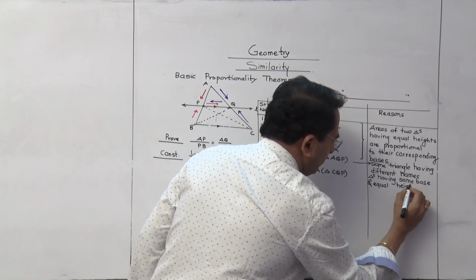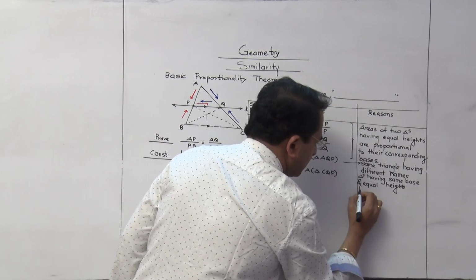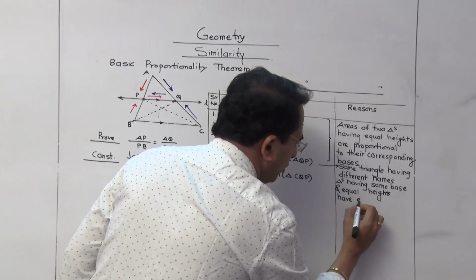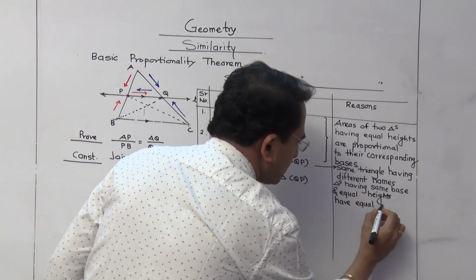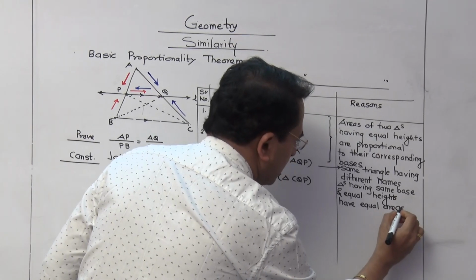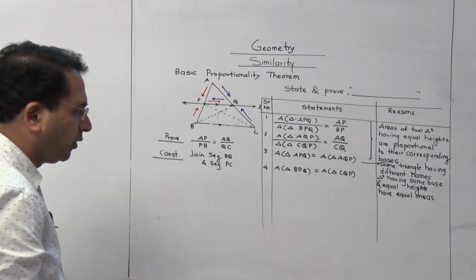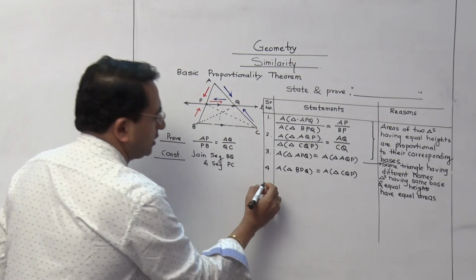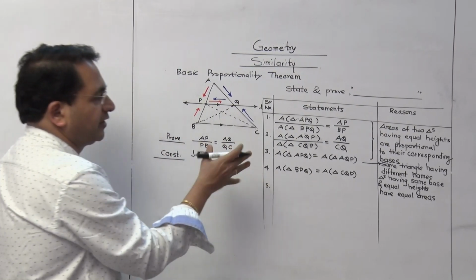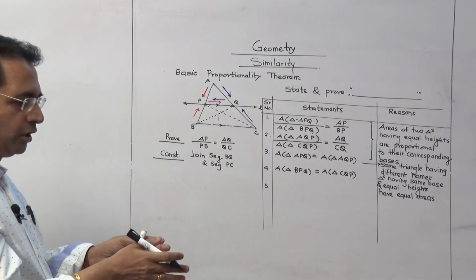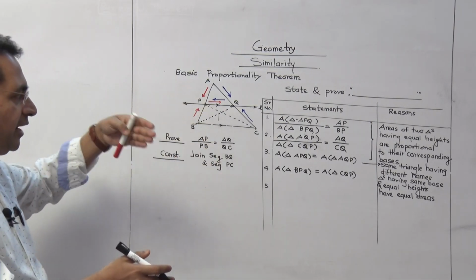Triangles having the same base and equal heights have equal areas. Now see, there is some difference, I made it from the textbook, but this is what we have to understand.